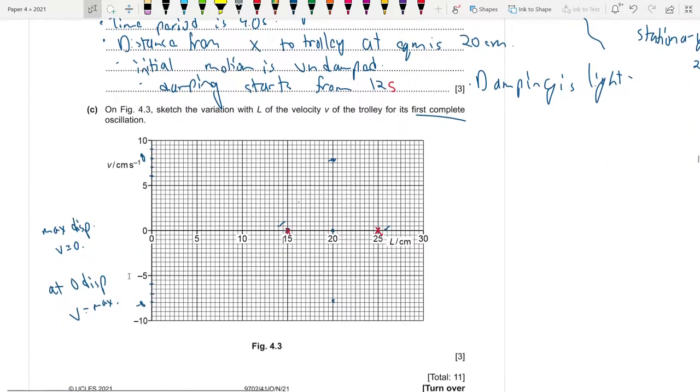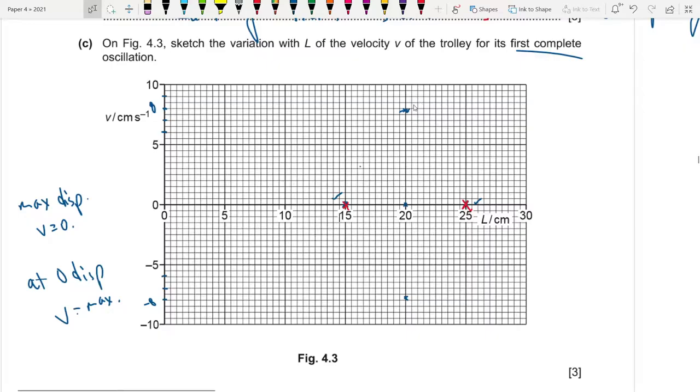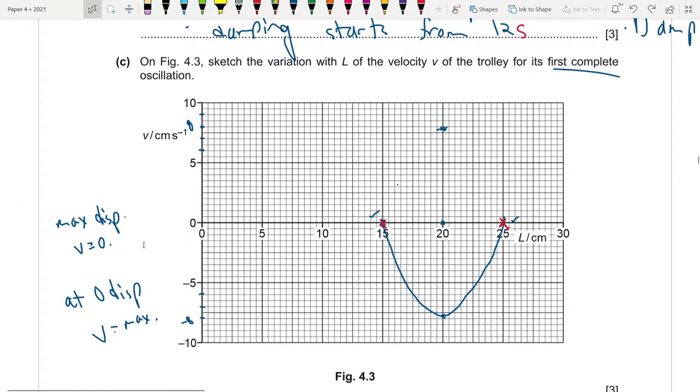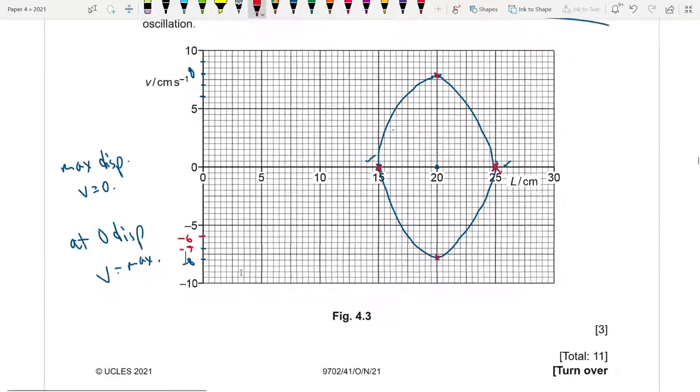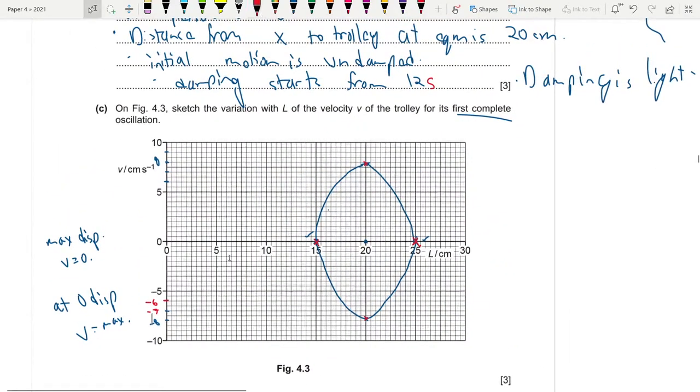Okay, so it has to be at plus 7.9 once and minus 7.9 once. Then you just join these and you get a figure like this. Okay, so these are your 4 points. 20 plus 7.9, 20 minus 7.9, it's just a bit below 8. Okay, this is minus 6, this is minus 7, minus 8, so it's between minus 7.5 and minus 8, 7.9. Okay, hopefully it makes sense to you guys.